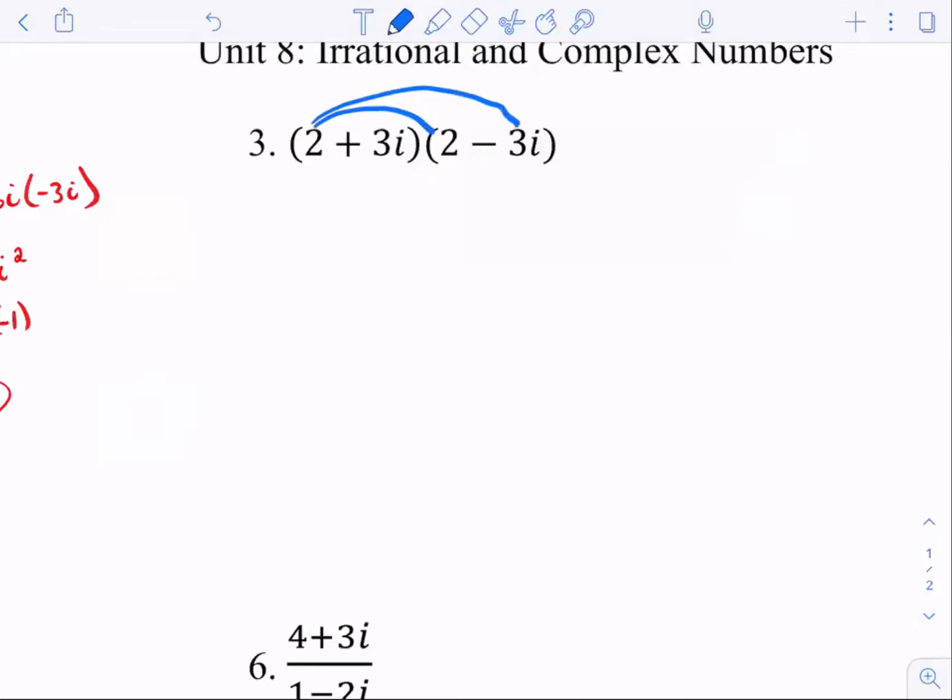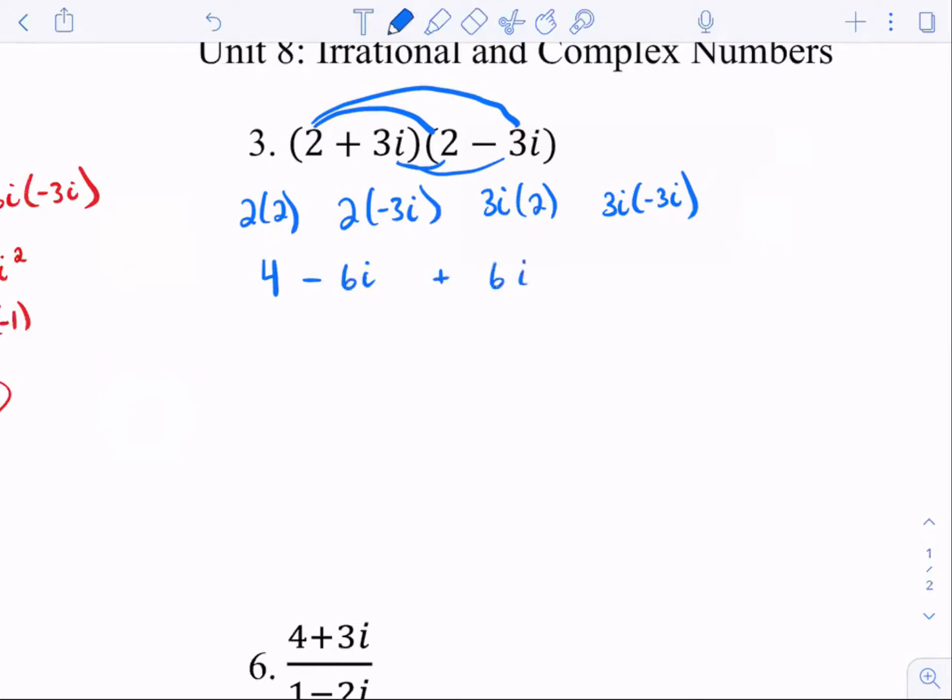So now I have to do 2 times 2, then 2 times negative 3i, then 3i times 2, and then 3i times negative 3i. So 2 times 2 is 4, minus 6i, plus 6i, minus 9i squared.